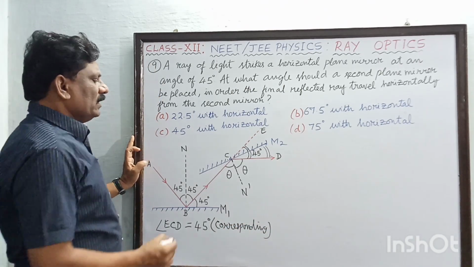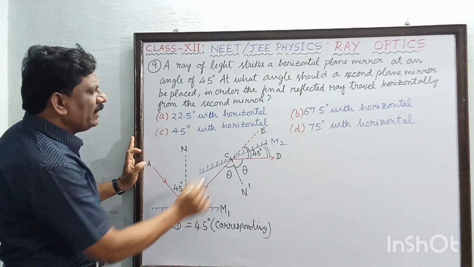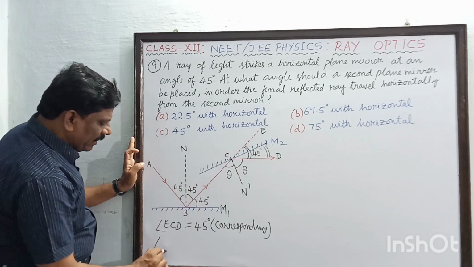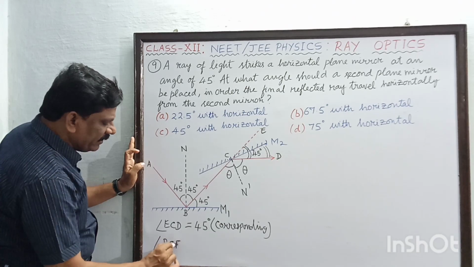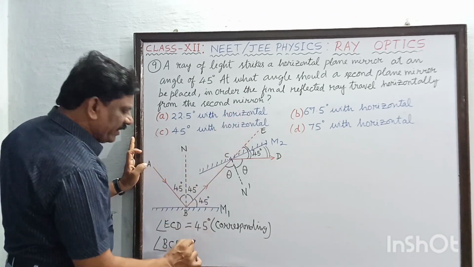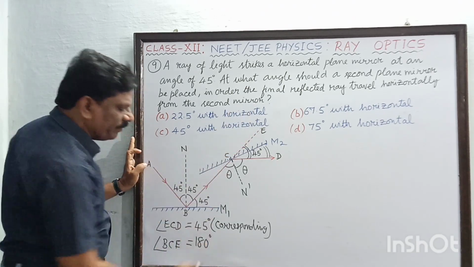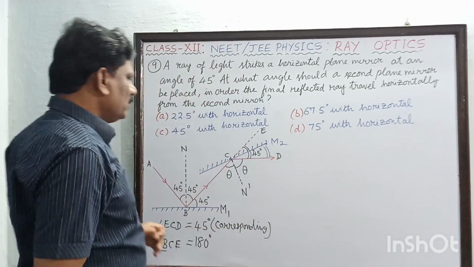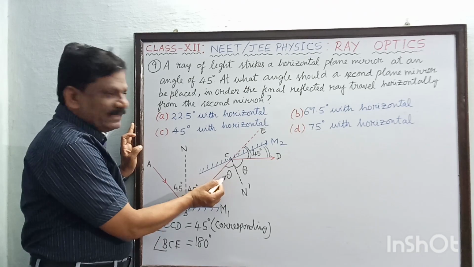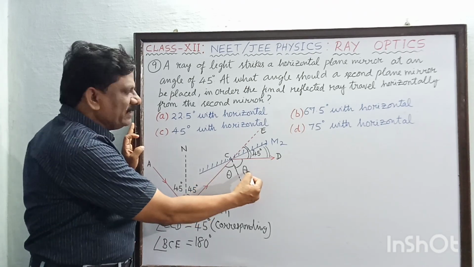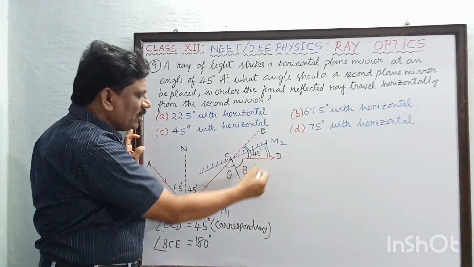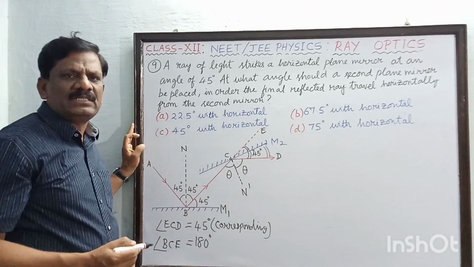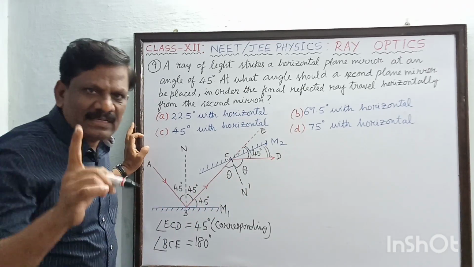Now, the angle BCE is the angle of a straight line. What must that be equal to? 180 degrees. Understood? So if I add this angle theta plus this angle theta plus 45, the total angle must be equal to 180 degrees. Are you understanding?